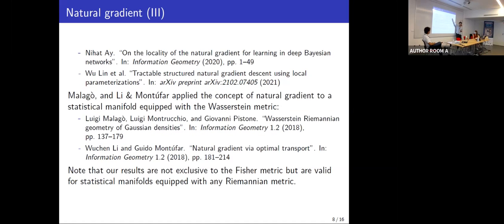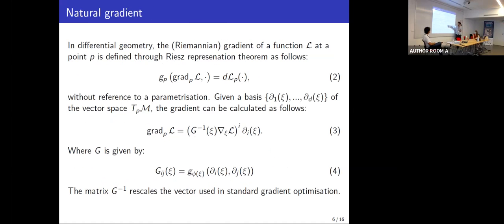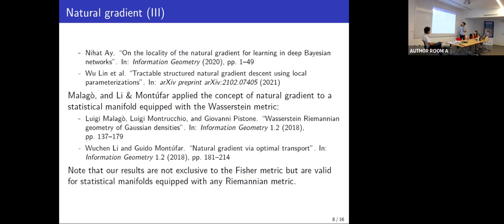And then Nihat, my supervisor, has a nice paper and also this paper, and they are both on how we can optimize the inversion of this matrix G we just saw, because that is often a bit of a problem within the natural gradient.